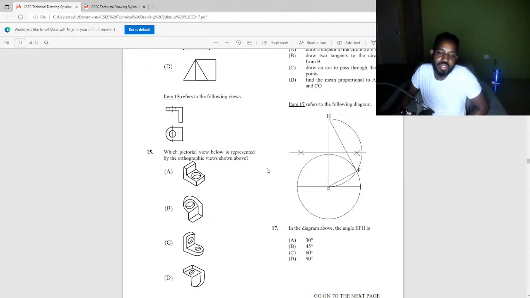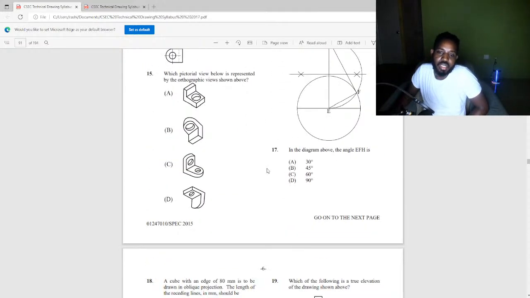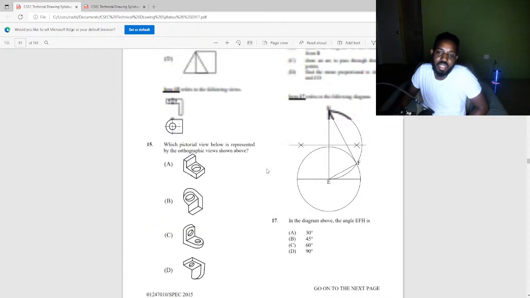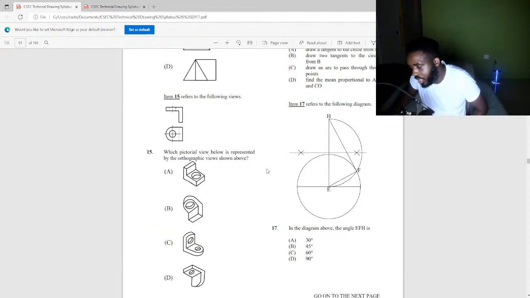All right, number 17 here says, in the diagram above, the angle EFH, what's the measurement for that angle? What is EFH, this right here? Is it 30, 45, 60, or 90? B?